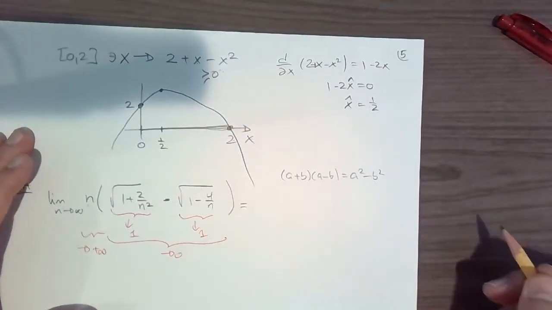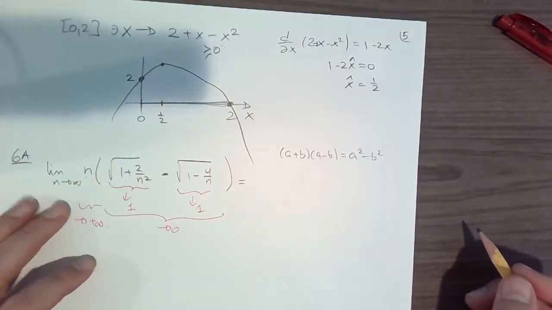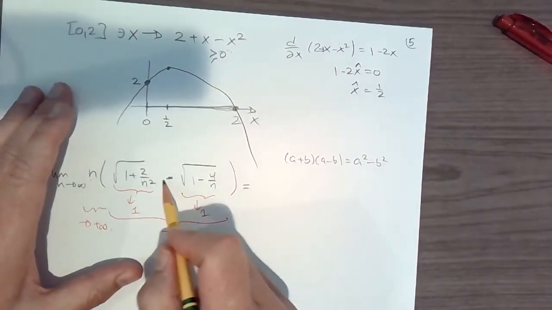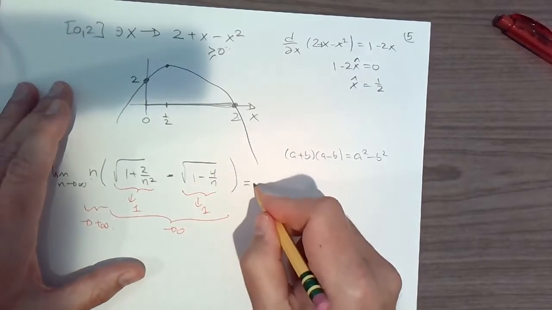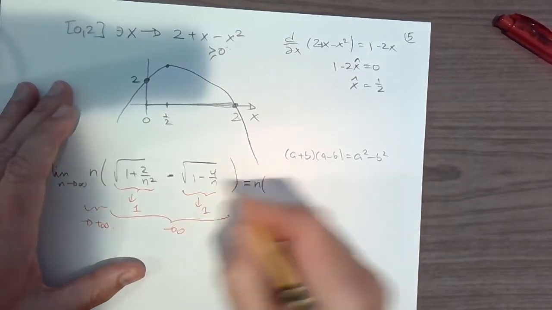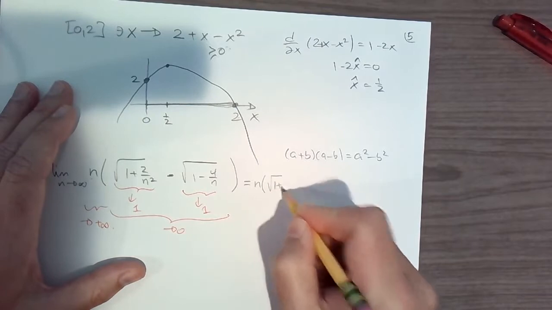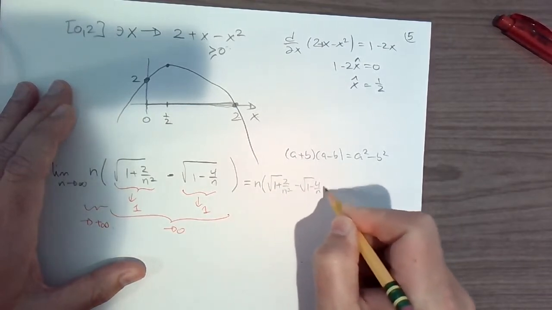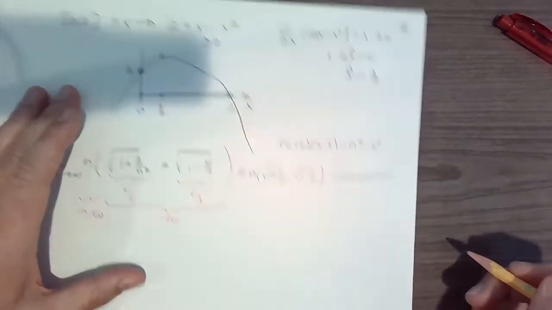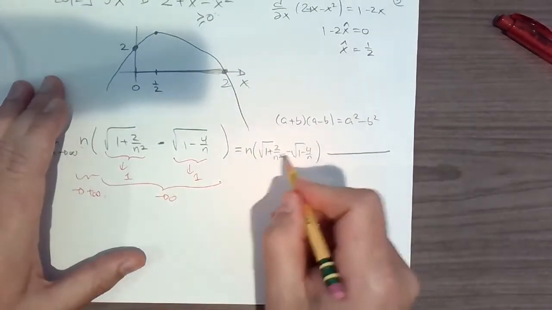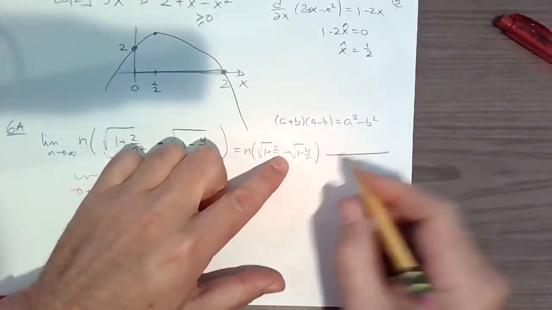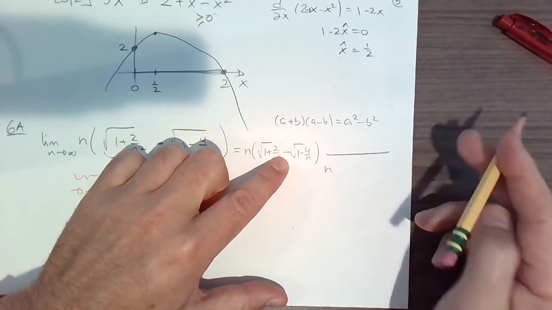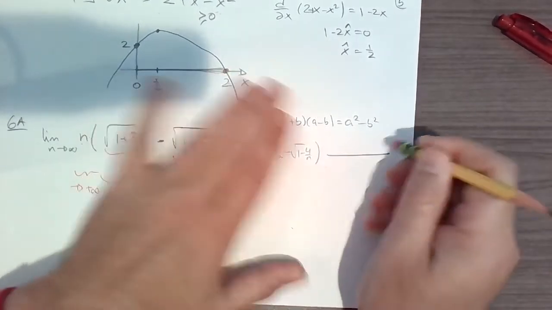And so what we can do is write this out, multiplying and dividing by the same quantity. If you swap the minus here to a plus, we could write this as n, then keep the parentheses, root of 1 plus 2 over n squared minus root of 1 minus 4 over n, and then multiply and divide by the same quantity, where I swap this minus sign to a plus. Will I have n downstairs? I don't think I need an n downstairs. This is not the troublemaker.